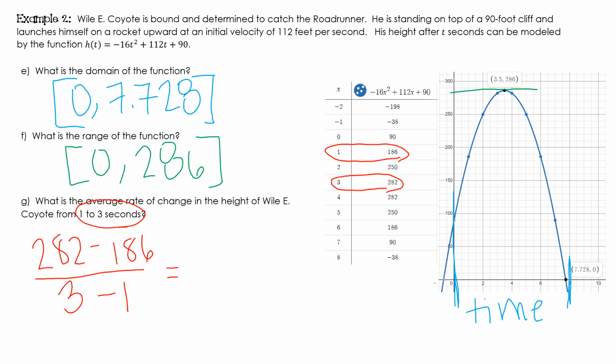And you can type this whole thing into the calculator if you want. 282 minus 186 is 96. 3 minus 1 is 2. So that would give me an average rate of change between 1 and 3 seconds of 48 feet per second.